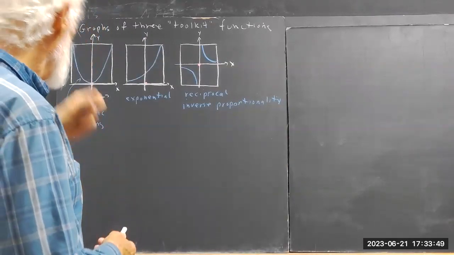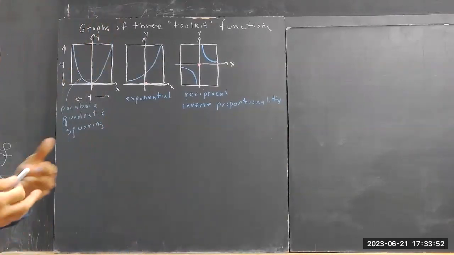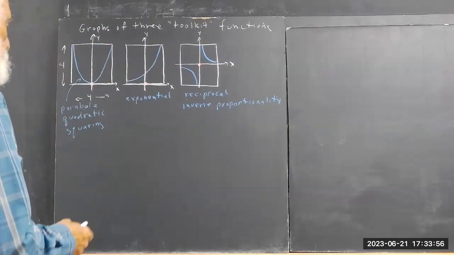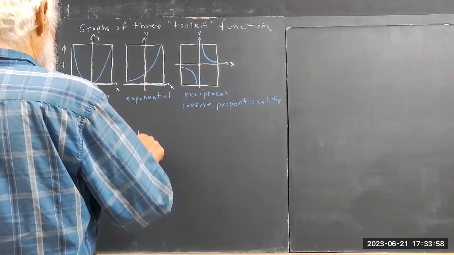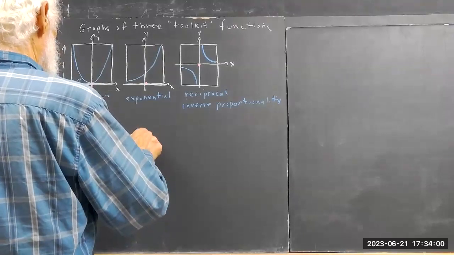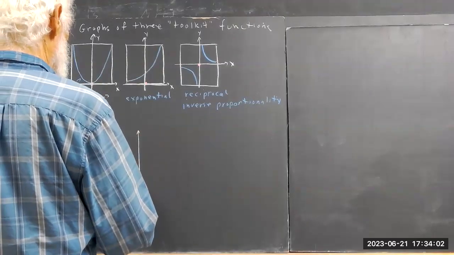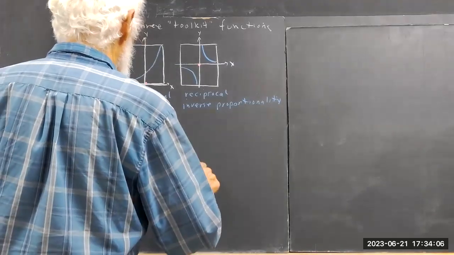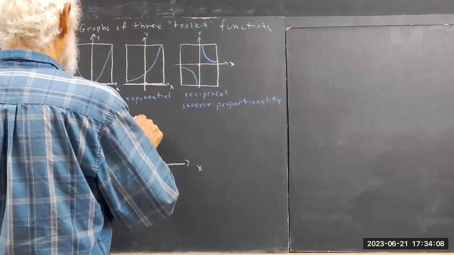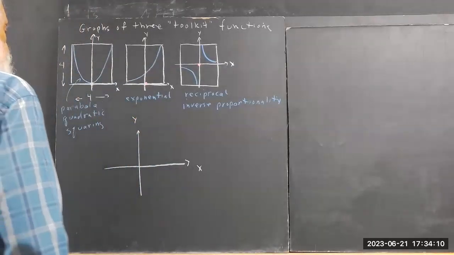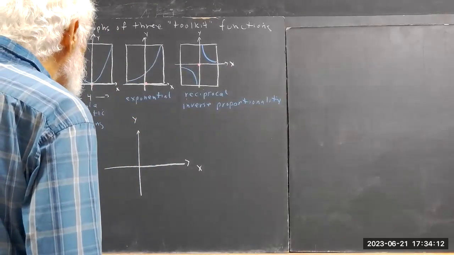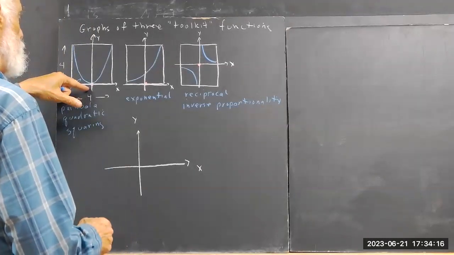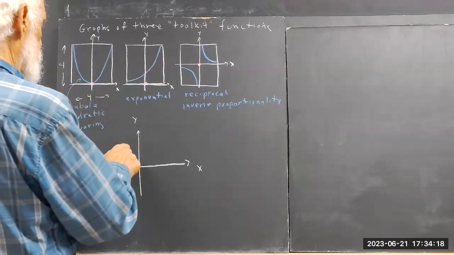Now, what we can do with these functions, and this is a preview, you're not going to have to master this immediately. I can sketch my x and y axes any way I want to, and then I can construct, let's say, this graph.